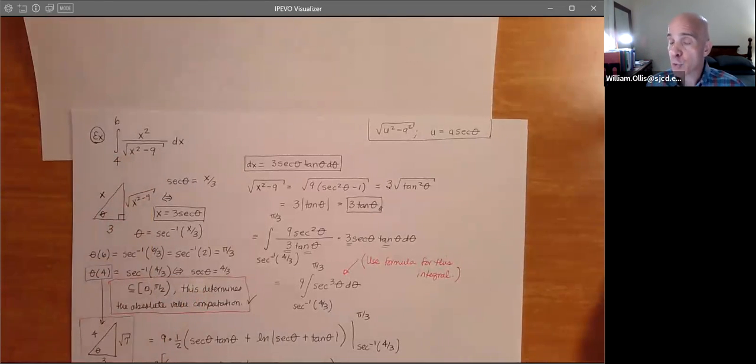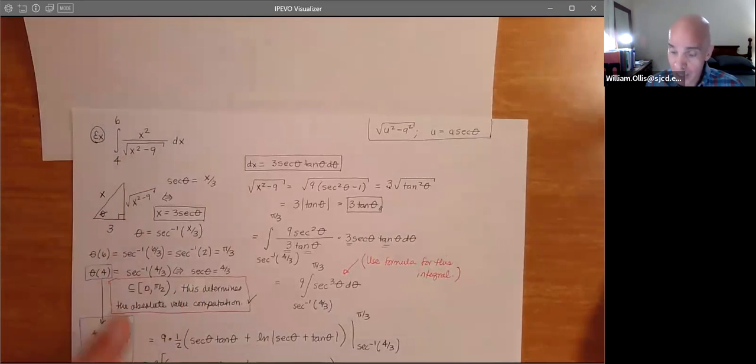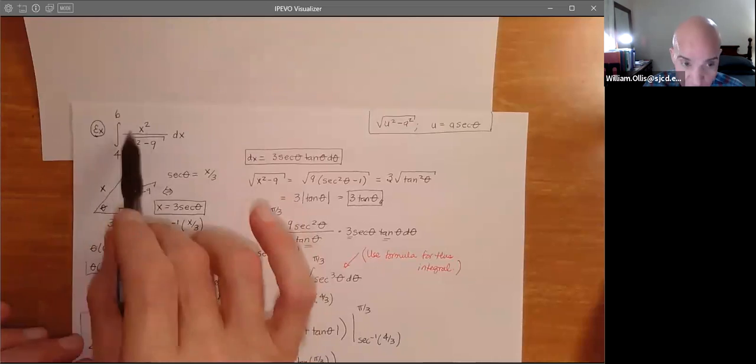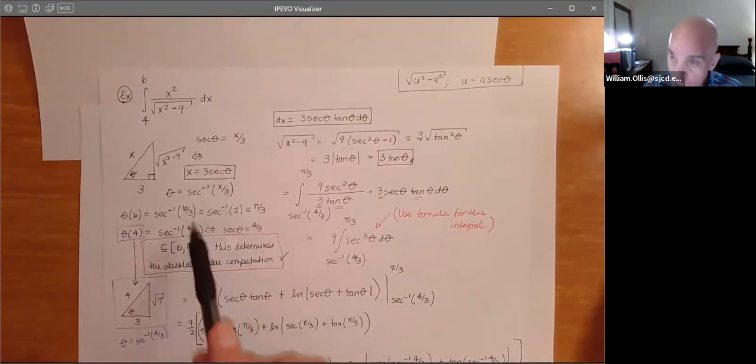If we have the square root of u squared plus a squared, we use the tangent substitution. If we have the square root of a squared minus u squared, we use the sine substitution. And if we have the square root of u squared minus a squared, which we have here, we use the secant substitution.